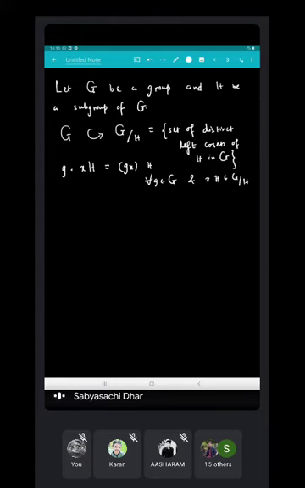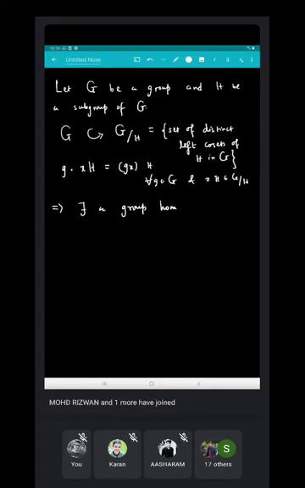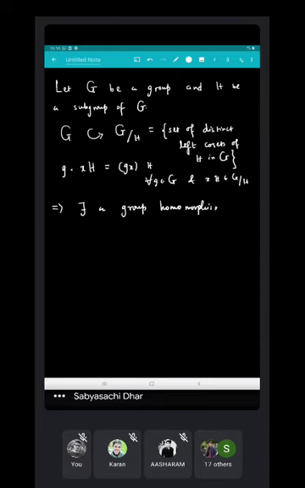So this implies that there exists a group homomorphism, call that phi of H, from G to S of G mod H, right?